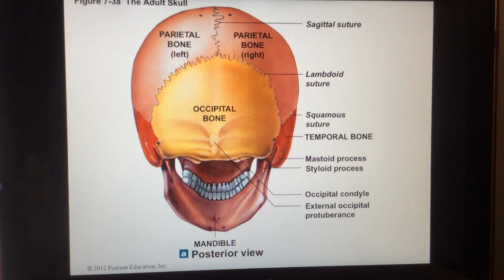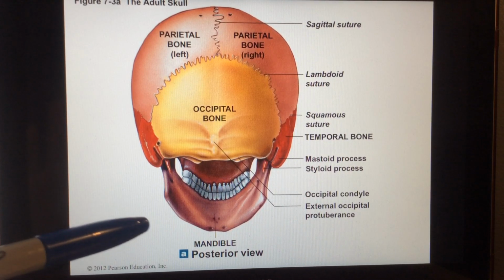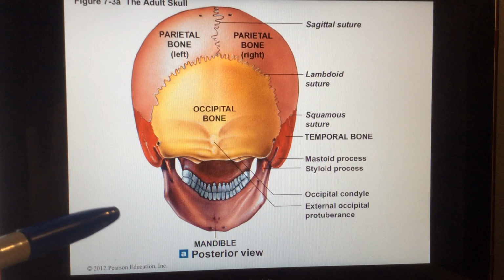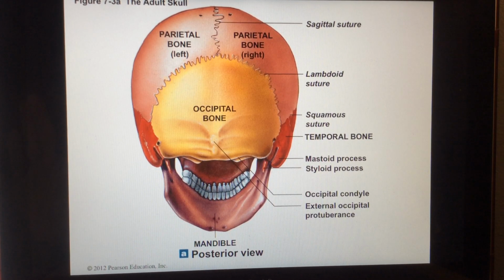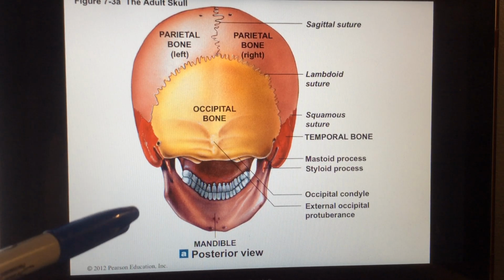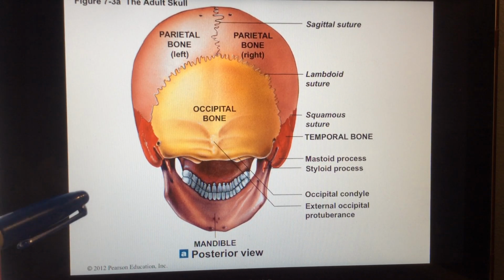Another thing to note out here is some of our sutural lines. So sutures, again, are going to be the immovable joints of the skull. And anytime I say joint or articulation, it's basically where two bones interconnect or move.